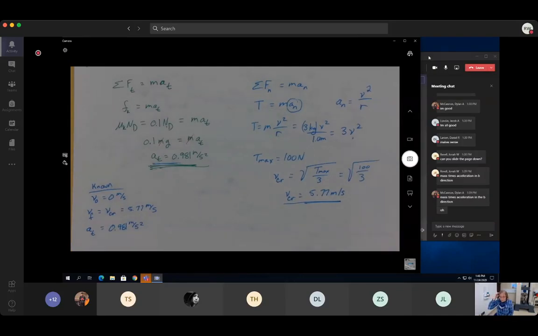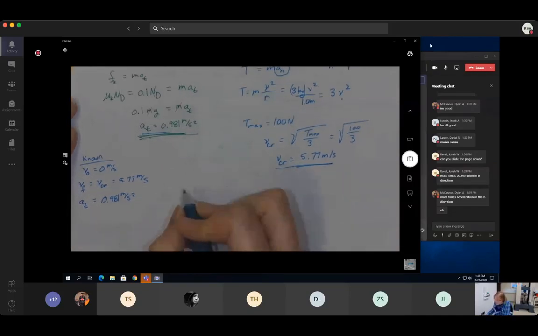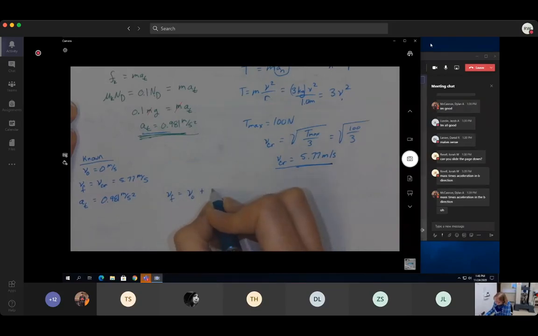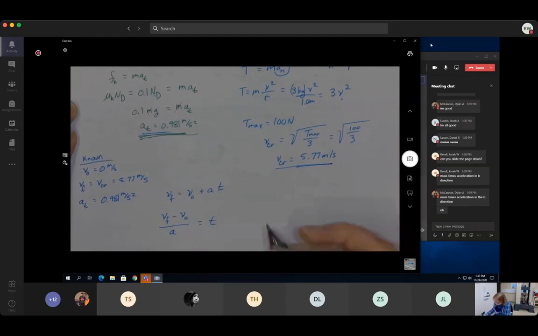And so now we can solve for time. We can use that first kinematic equation, V final equal to V initial plus acceleration times time. If we solve this for time, we've got V final minus V initial divided by acceleration gives us our change in time.